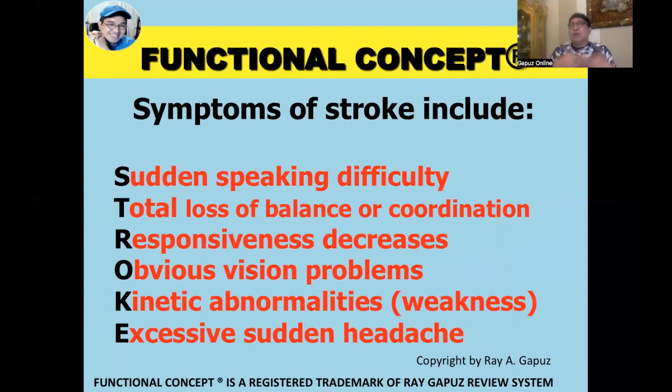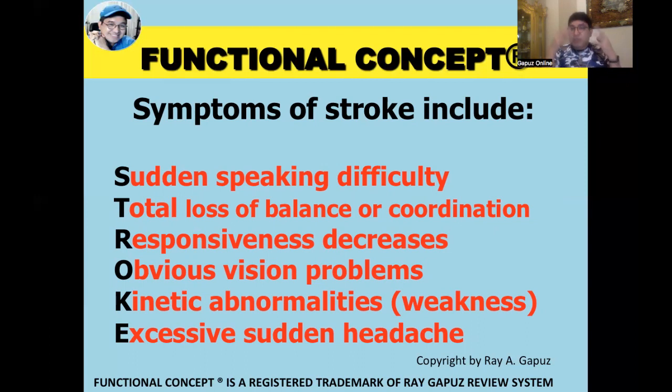Okay, now, what are the common symptoms of stroke? So we have here the code stroke. One is sudden speaking difficulty. The patient will suddenly have slurred speech. And then there's total loss of balance or coordination that will make it difficult for the patient to walk. And then responsiveness decreases. So that means the sensation and their ability to respond to stimulation, like visual stimulation or sensory stimulation of the ears, are diminished.